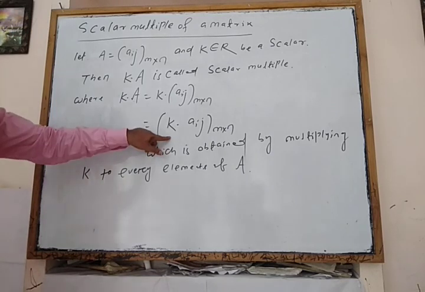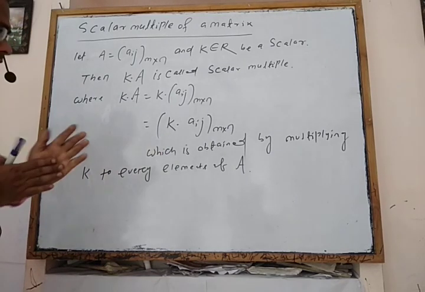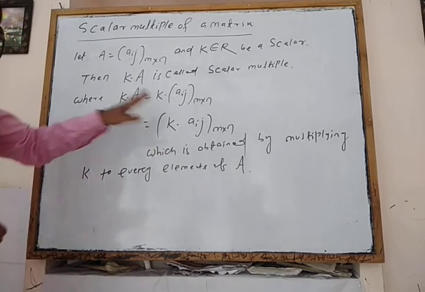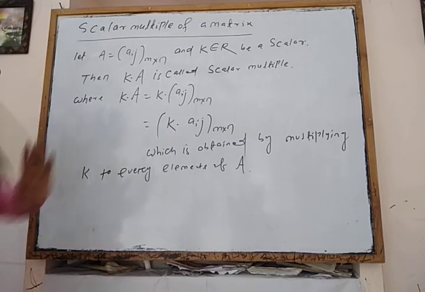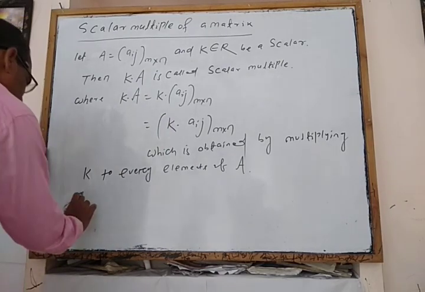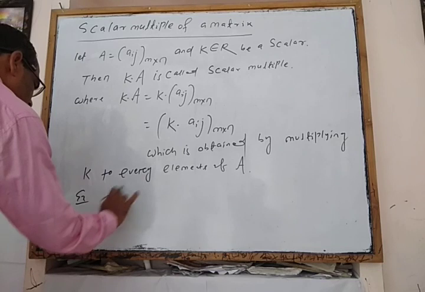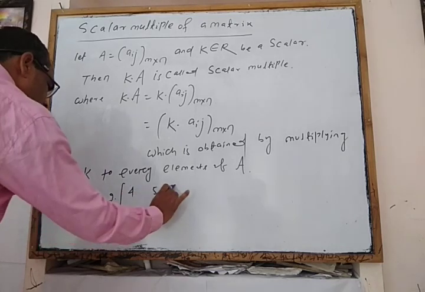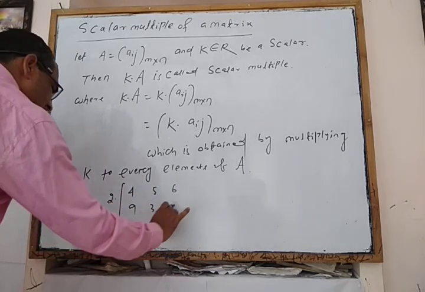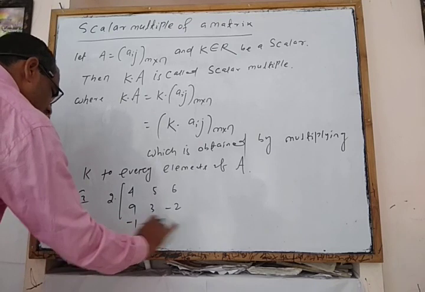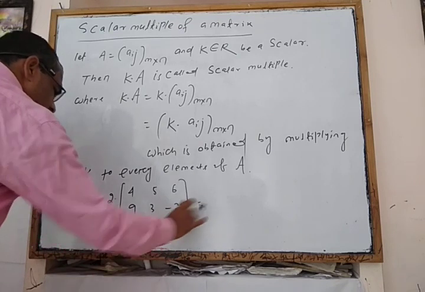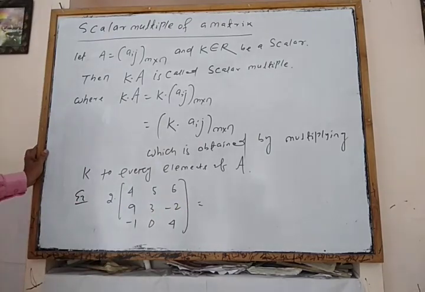So a matrix is multiplied by a scalar, meaning you have to multiply every element of the matrix by it. For example, 2 into the matrix 4 5 6, 9 3 minus 2, minus 1 0 4. So this is a matrix of order 3 cross 3.